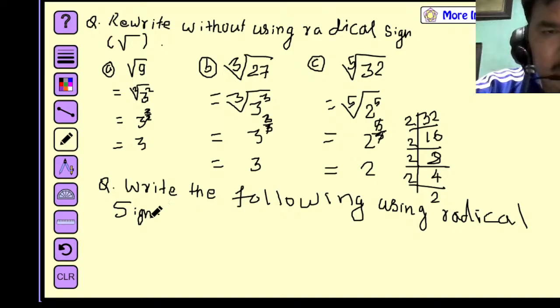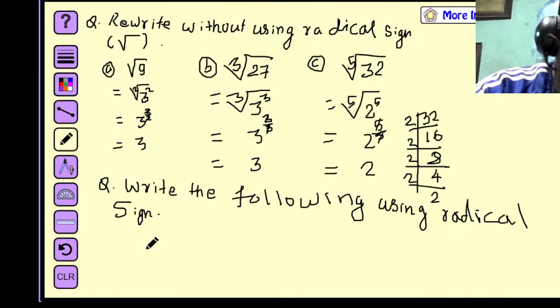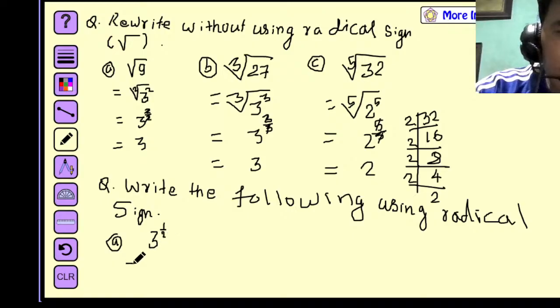We have to use this radical sign. Suppose a number is given like this: 3 to the power 1 by 2, okay? As I told you in that question, first write the radical symbol.